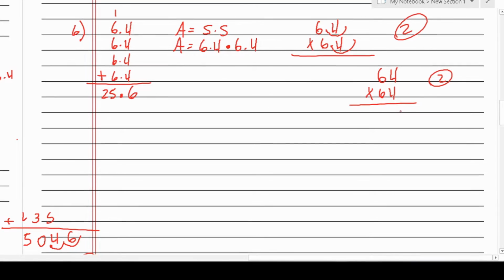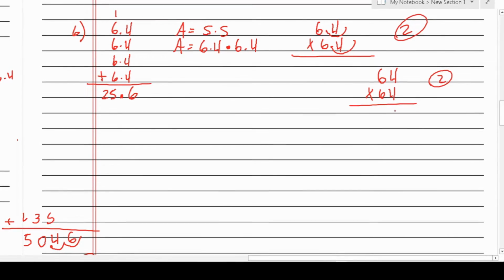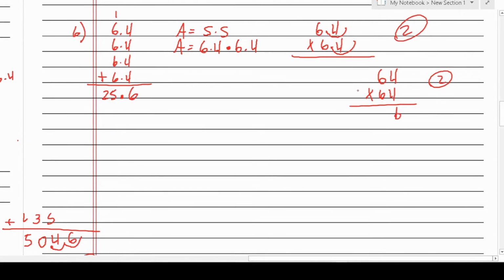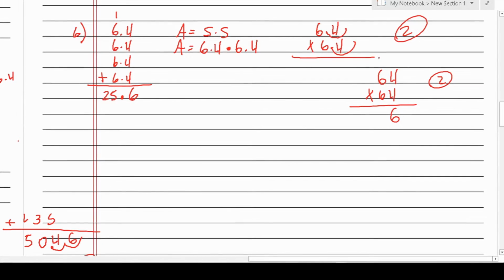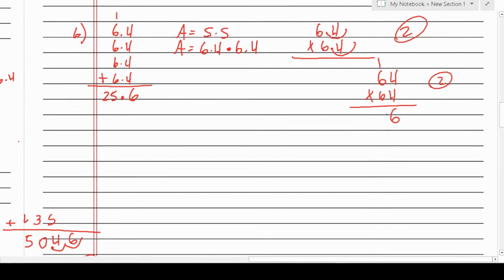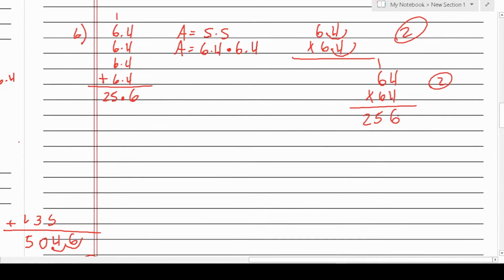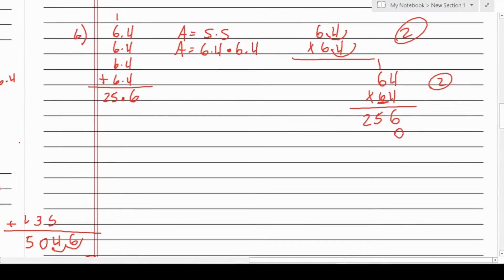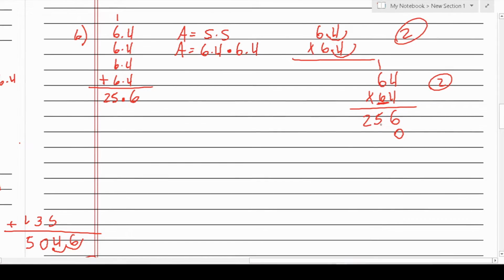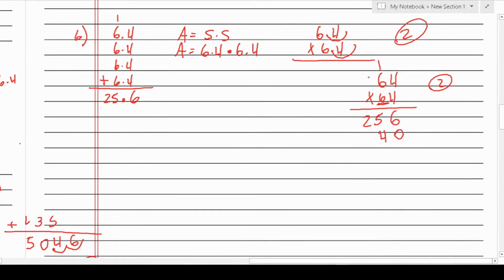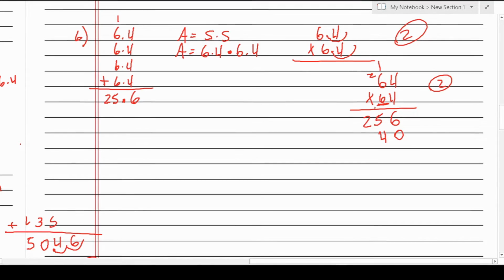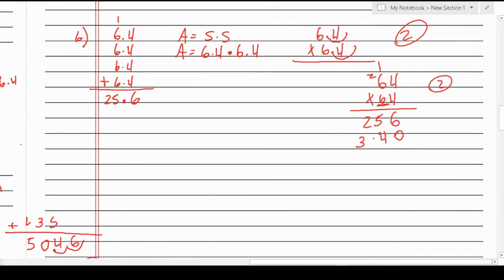4 times 4 is 16. Carry your 1. 6 times 4 is 24, plus 1 is 25. Drop in a 0 placeholder before you start this number. 6 times 4 is 24. Carry your 2. 6 times 6 is 36, 37, 38.